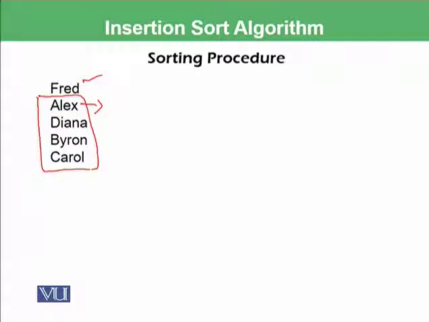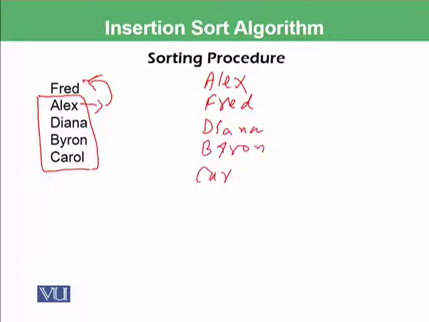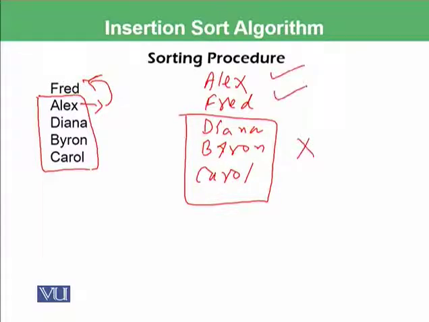So this means Alex will be compared with Fred, and we will have Alex upward, Fred downward, and then Diana, Byron, and Carol. So now we are saying that this list, which is highlighted in the rectangle, is not sorted. However, these two have been sorted at least.